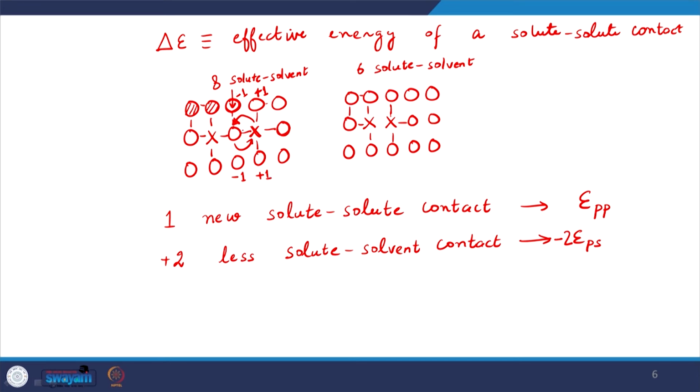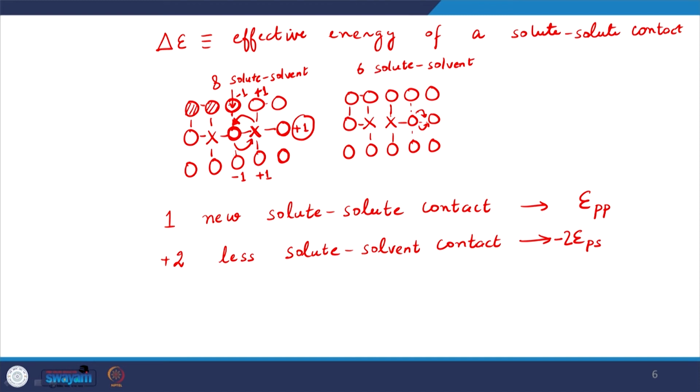This guy has found a new solvent-solvent contact. So, there is a +1 here as a solvent molecule has moved in, and this guy is not affected. If I look at this particular guy in there, earlier it was forming 2 contacts, but now it is forming 3 contacts there, but this contact we have already counted, right. So, we have actually 1 extra solvent-solvent contact that has been formed.